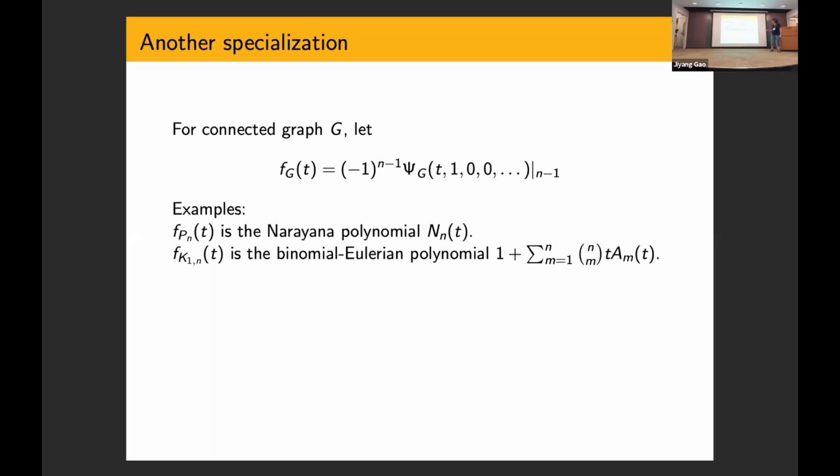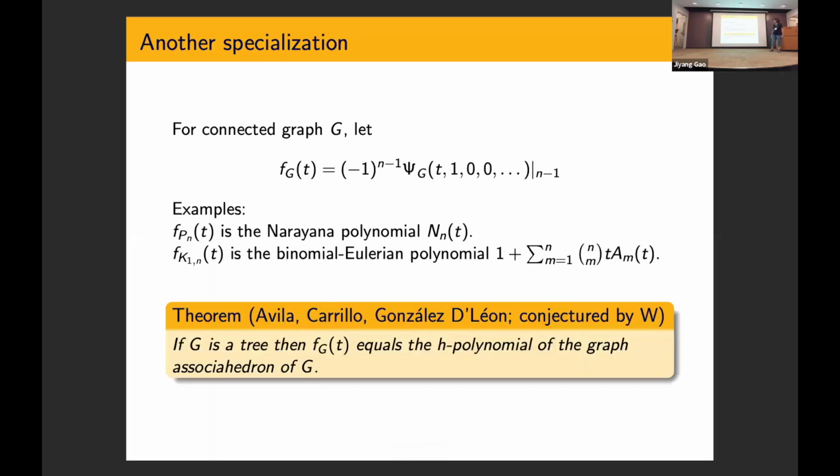And it turned out it was proved, very recently, by Gonzalo de Leon, Avila, and Korea: if G is a tree, then this specialization is equal to the H polynomial of the graph associahedron. So it's an interesting connection. They have more general results also.